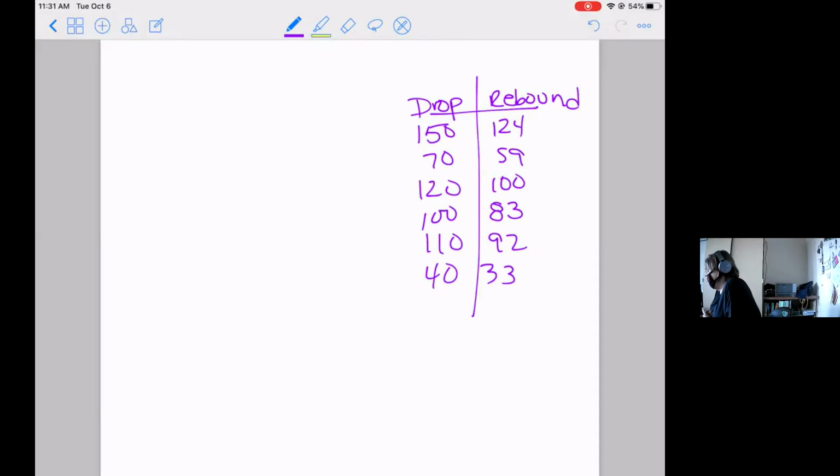Okay. Part A, what's the rebound ratio? How would we find the rebound ratio? We've been doing it. How do you find the rebound ratio? This is the drop height. This is the rebound height. How are we going to find the rebound ratio?